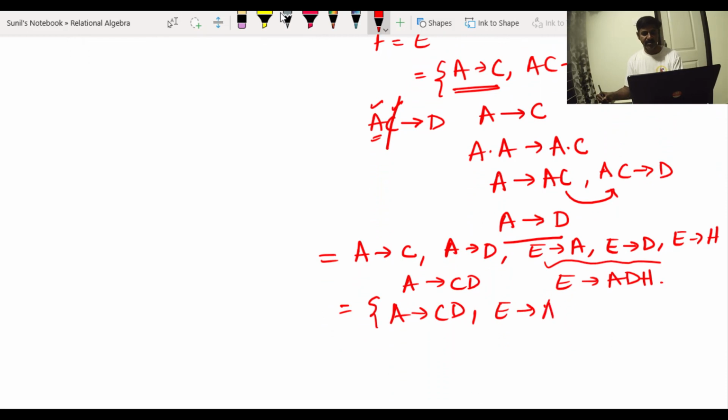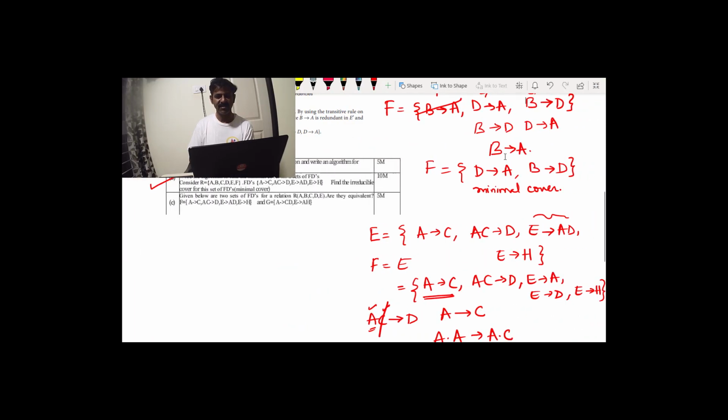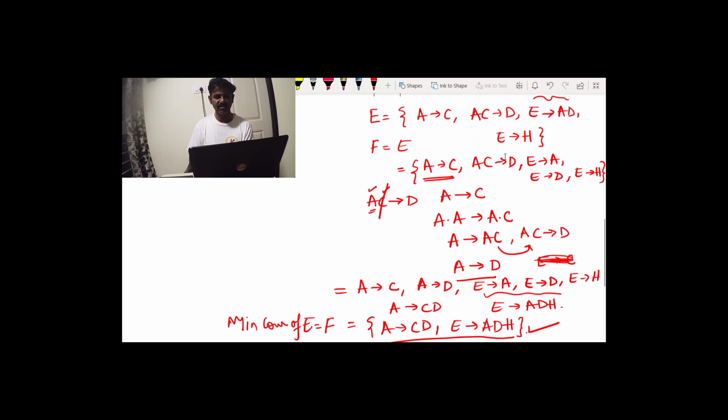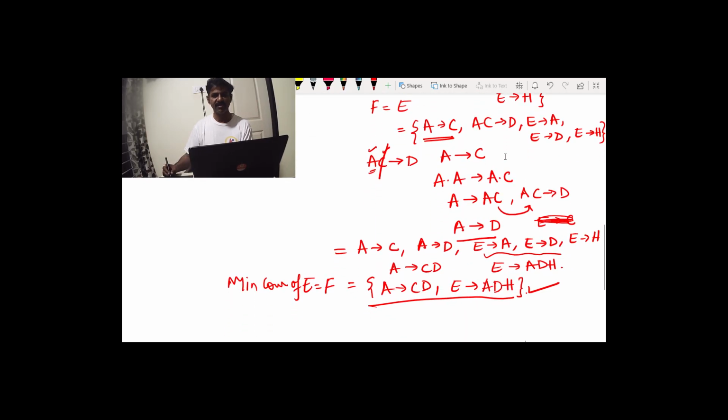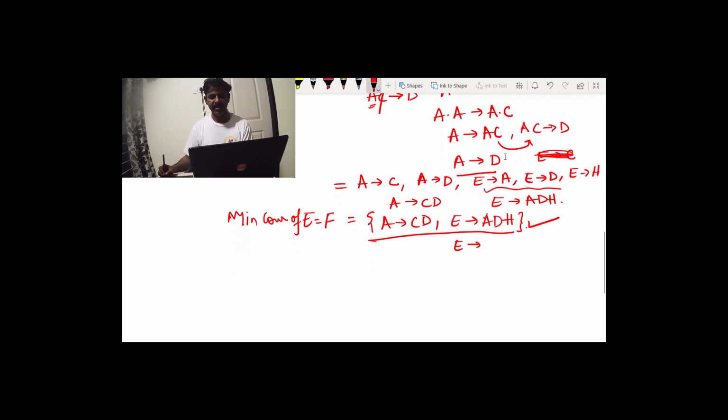Okay, so is there anything possible? Yeah, hello. There's a small addition here. So we found out the set of functional dependencies here. However, there is one more elimination possible. That is, we know that here we have E arrow ADH. We can write it as E arrow A and E arrow DH by decomposition rule.